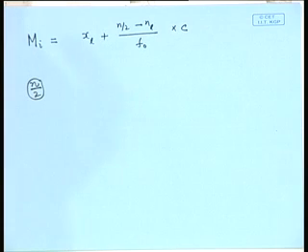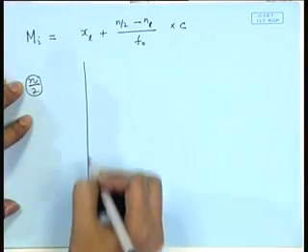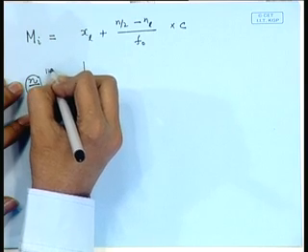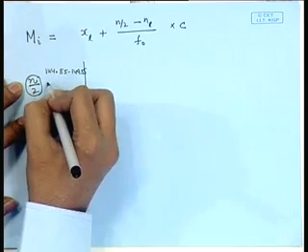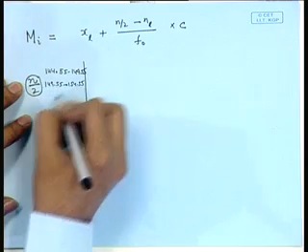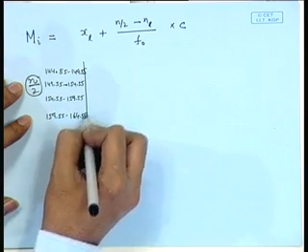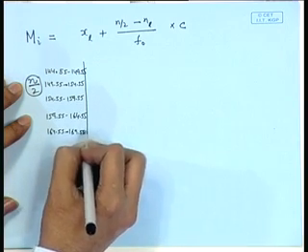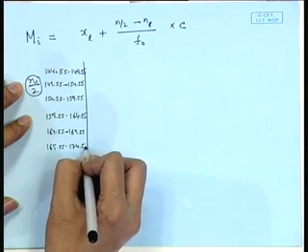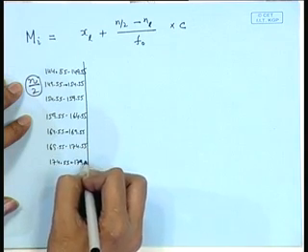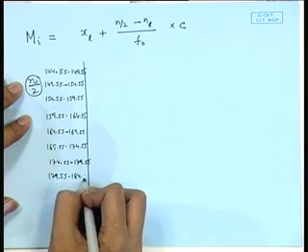Let me explain it through an example. The frequency distribution is given in this form: 144.55 to 149.55, 149.55 to 154.55, 154.55 to 159.55, 159.55 to 164.55, 164.55 to 169.55, 169.55 to 174.55, 174.55 to 179.55, 179.55 to 184.55.